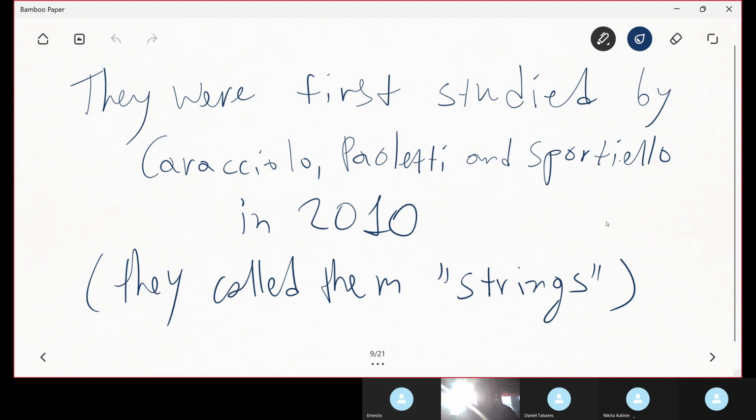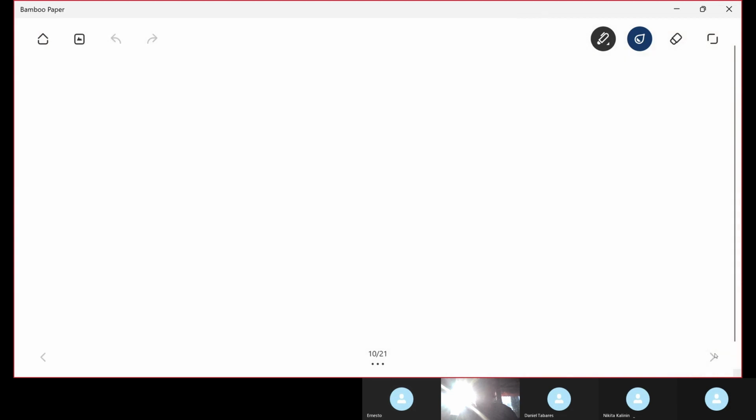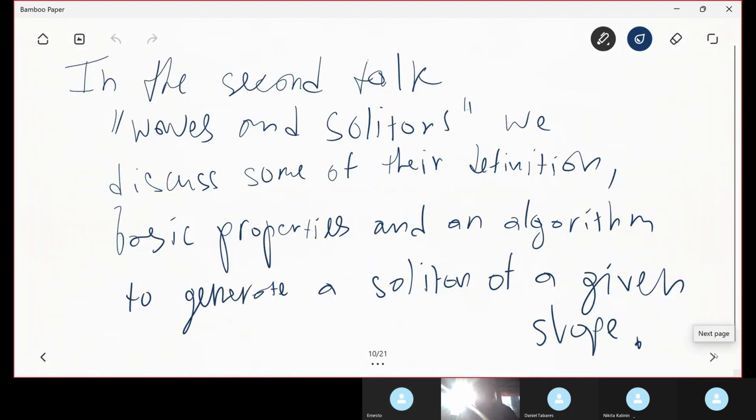So the first work is in 2010, and this is actually how I myself was introduced to this through their work, then Nikita, then Ernesta, and then more people. So this is the origin, this Italian group of physicists who observed many things, but I'll tell what was our contribution in a few minutes.